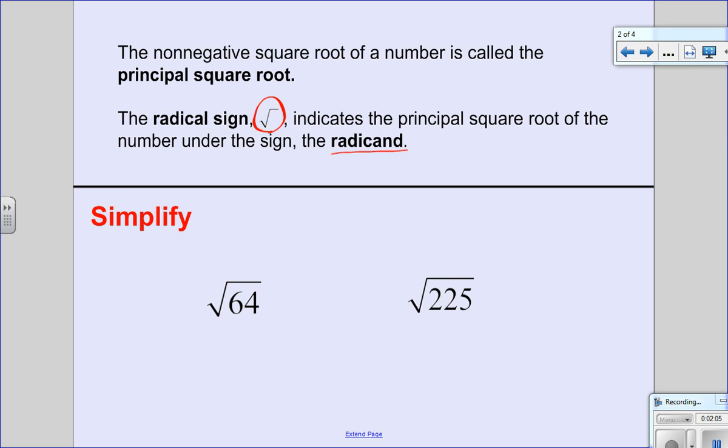In our examples below, this means we want to find the principal square root of the number 64. Here, the number 64 is what we would call our radicand. That's our vocabulary for the day, radicand. And the symbol that it's under, this symbol right here, is called a radical sign.